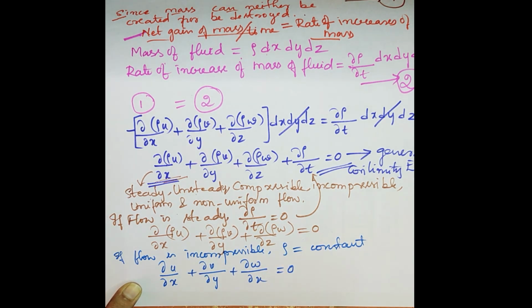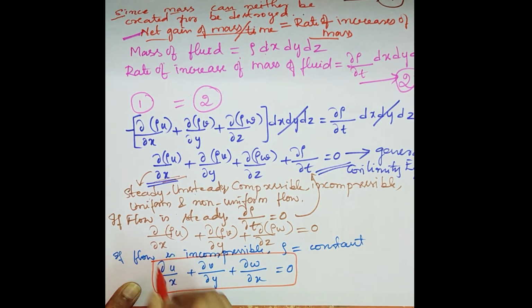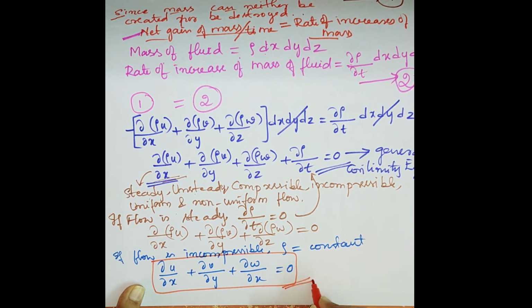So this is the continuity equation in three-dimensional Cartesian coordinates. That is, dou u by dou x plus dou v by dou y plus dou w by dou z is equal to 0 is the three-dimensional continuity equation in Cartesian coordinates.